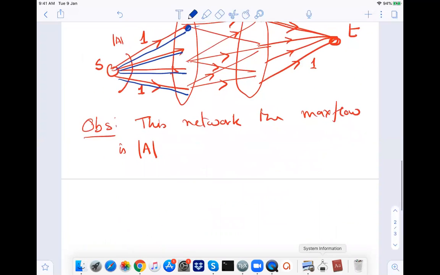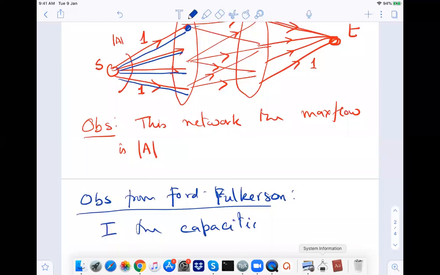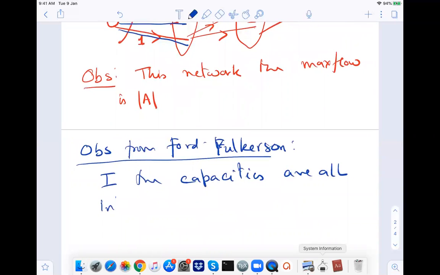So this is the observation from Ford-Fulkerson, and this is a very useful observation, so remember it, okay? If the capacities are all integers, then there exists a max flow with flow on each edge being integer.